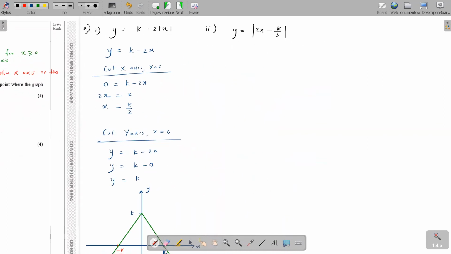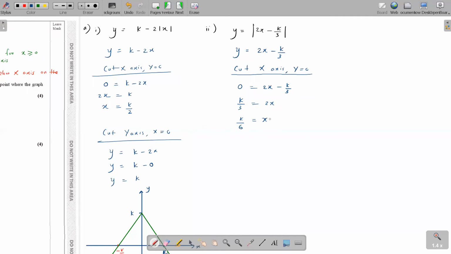So I will remove the modulus. (2x minus k) over 3. When you cut the x-axis, y is 0. So 0 equals (2x minus k) over 3. The minus k over 3 goes across as plus k over 3, equal to x. So x equals k over 6.